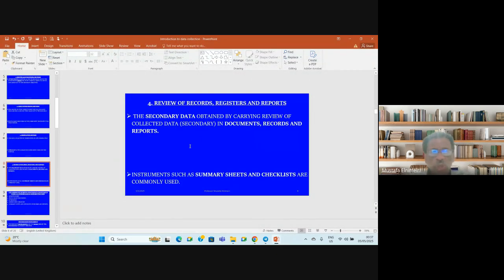We can also talk about the review of records, registers, and reports, and these are definitely secondary data obtained by carrying out a review of collected data, documents, records, or reports. The instruments that are commonly used for data collection from records, registers, and reports are summary sheets and checklists.